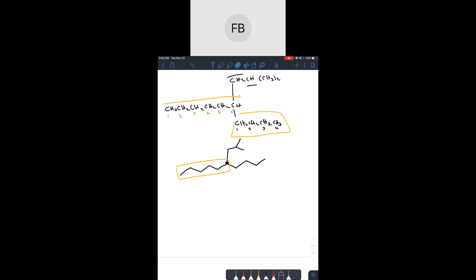Okay. So I think the longest chain is the one that you drew out. Yeah, like this thing. Yeah. So I would start from the right and go towards the left.